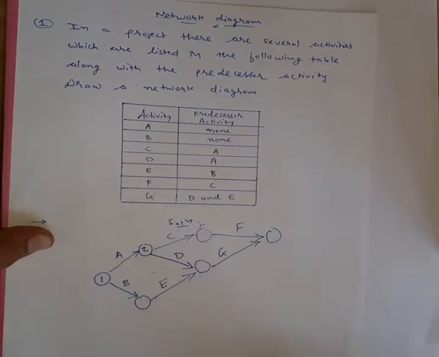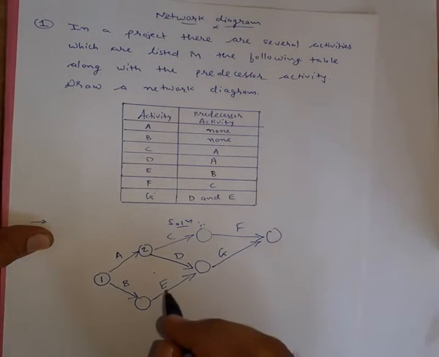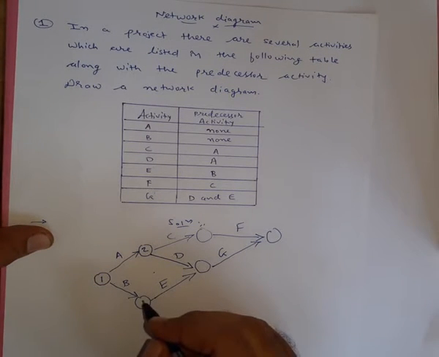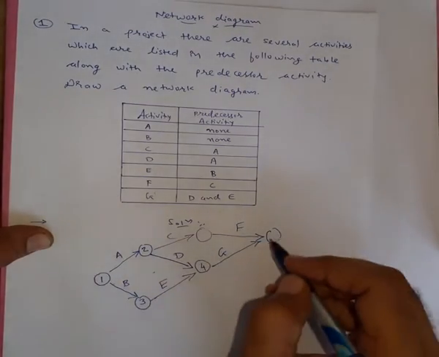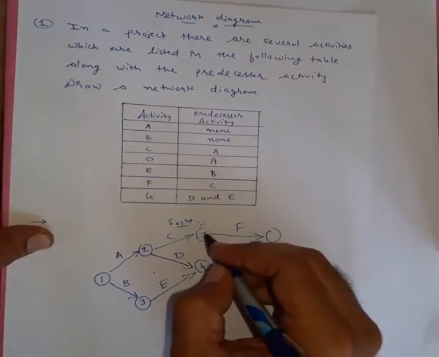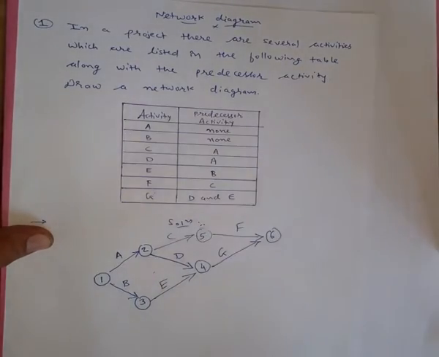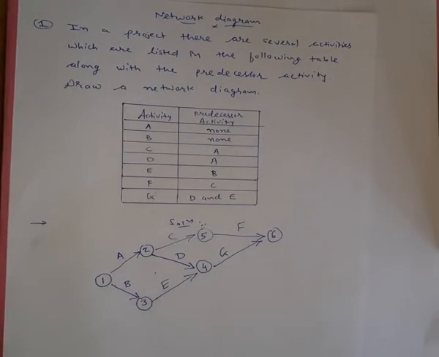This numbering can be done randomly, but what you need to keep in mind is always the tail of the activity should have the lowest number. You can number in any way, but for each activity its tail should have the lowest number and its head will have the higher number.